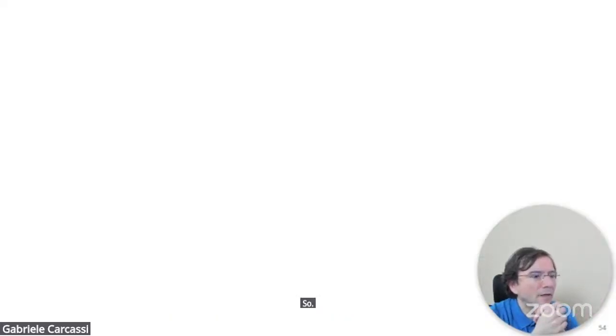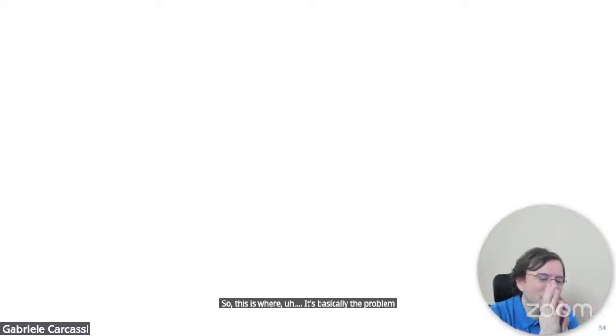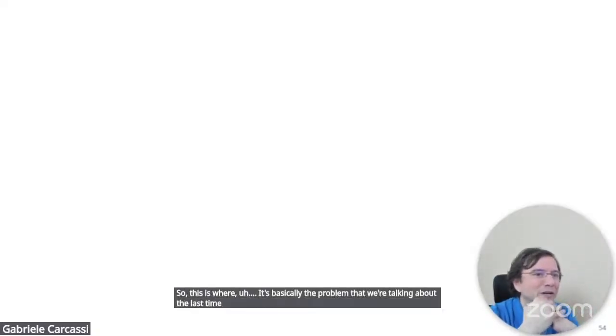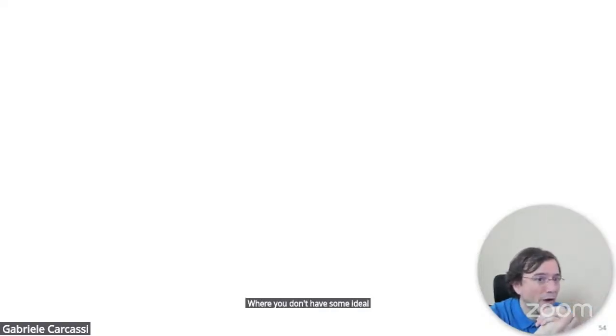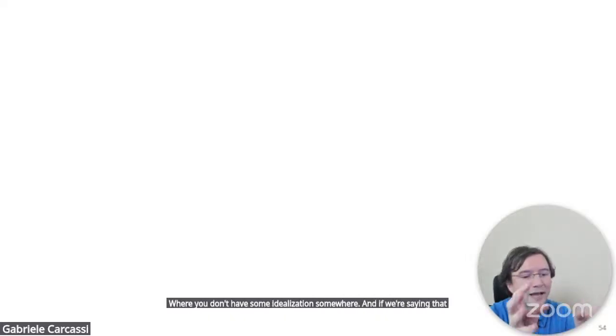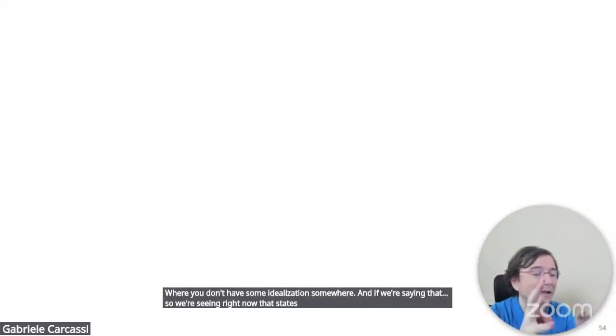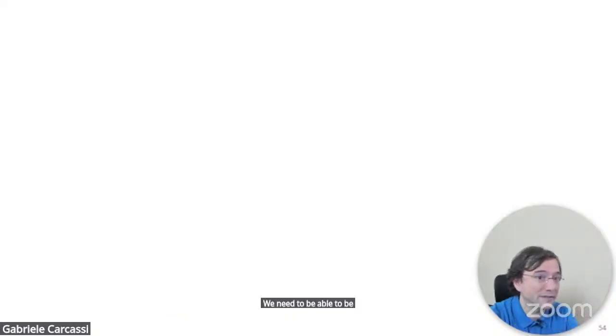So this is basically the problem that we were talking about the last time. Can you even create a physical theory where you don't have some idealization somewhere? And we're saying right now that states at least need to be able to be described through ensembles.